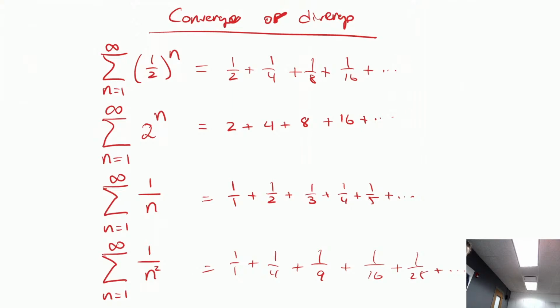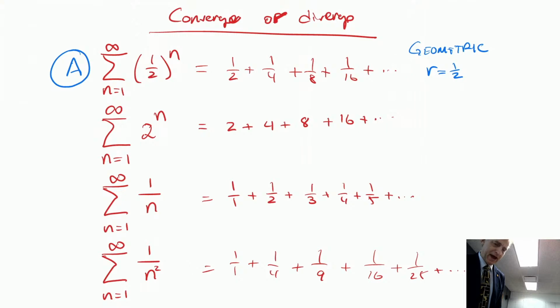So, first of all, the first one, Jackson, I'm going to label these so that we can talk about them. A, does A converge or diverge? Converge. How do you know? This is geometric, and the common ratio is 1/2, and 1/2 is between -1 and 1.